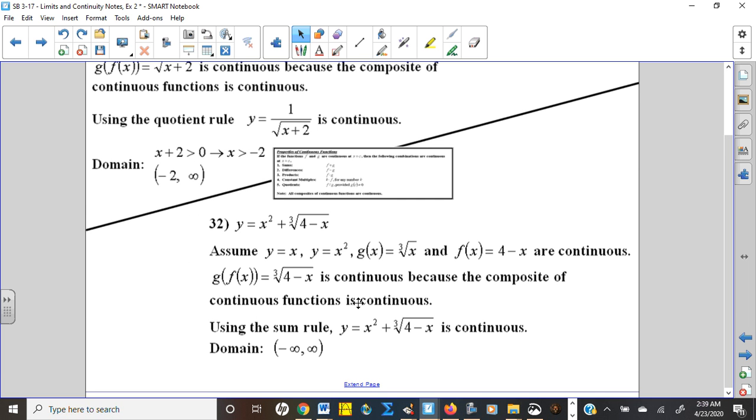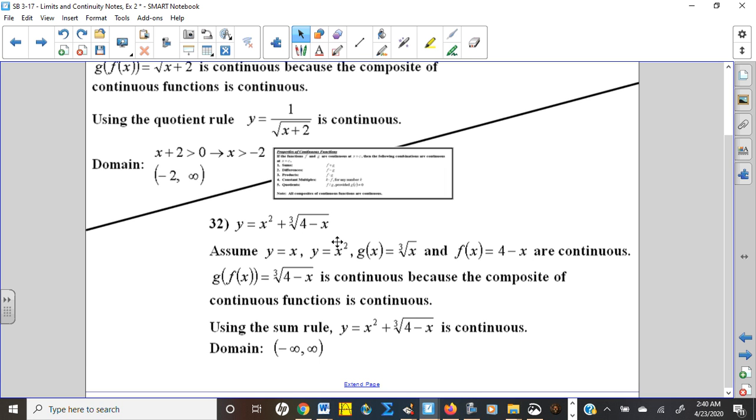32, x squared is a polynomial, so it's continuous. The cube root function is continuous. The line 4 minus x is continuous. These are all continuous functions. So when I take the composition of a cubic and a linear function for the second part of this, it's continuous. When I take the quadratic and add it to that, that's adding two continuous functions, so it's continuous.